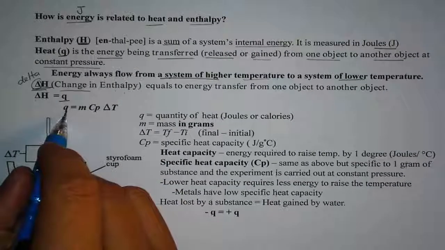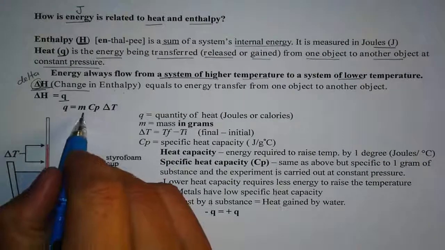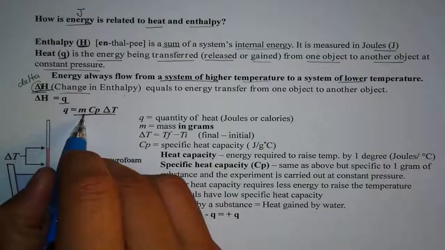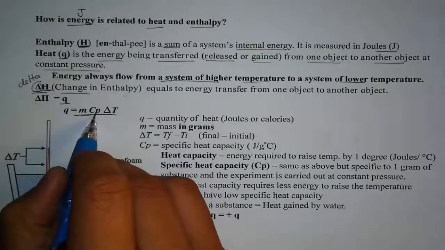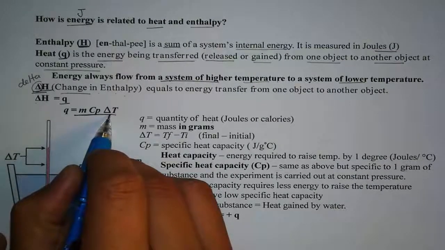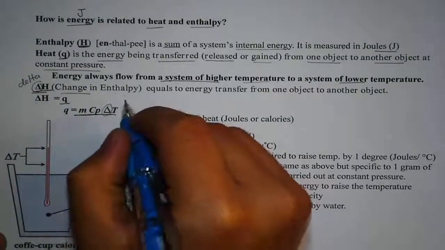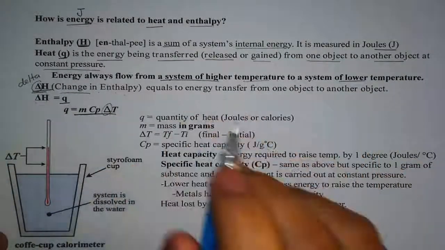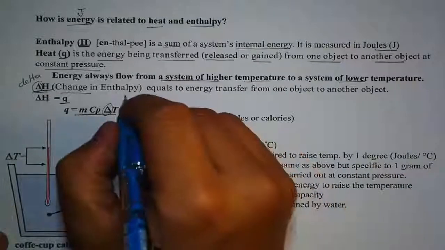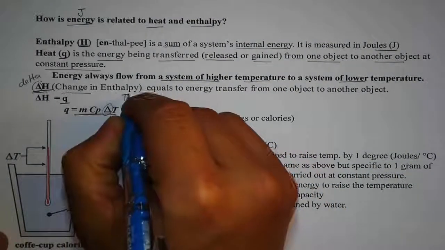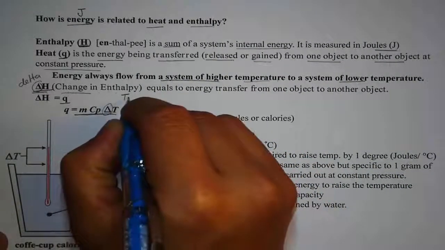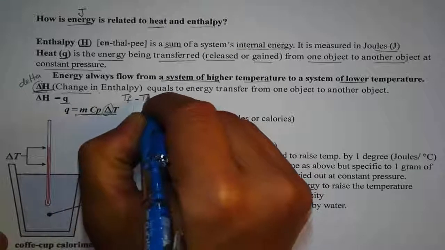Now Q, which is heat, is equal to this equation: Q equals mass times specific heat times delta T. And again, delta T is the change. When we look at change, the change is always relative to final and initial. In this case, delta T is T final minus T initial.